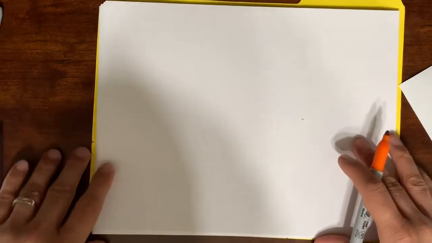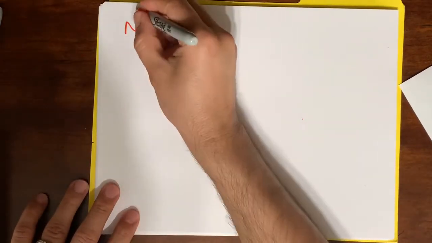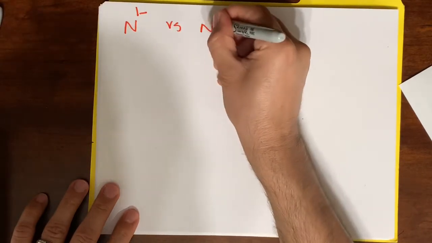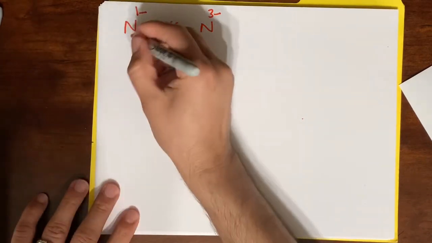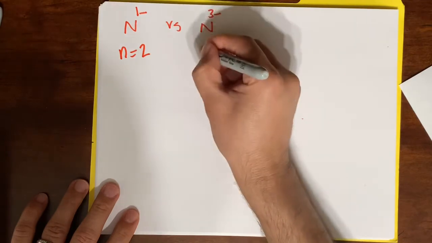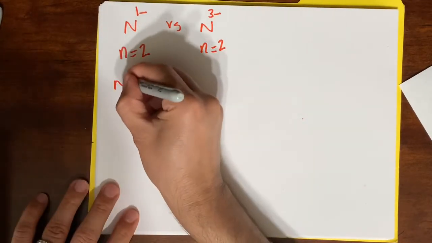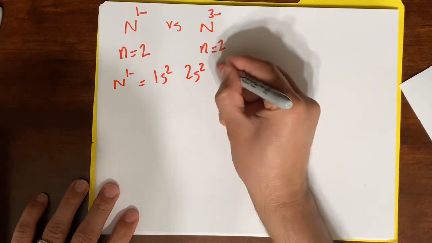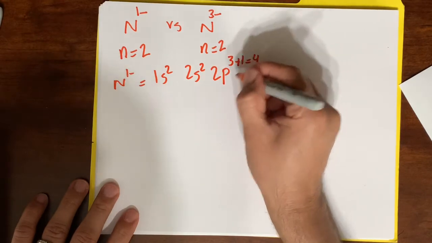Okay, how about this? N minus 1 versus N minus 3. N minus 1 belongs to n equal 2. This one is still n equal 2. For N minus 1, we said 1s2, 2s2, 2p 3 plus 1, 4.